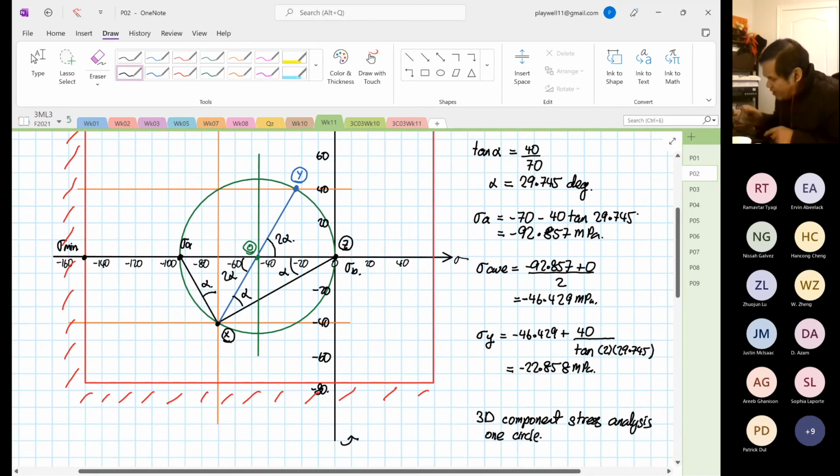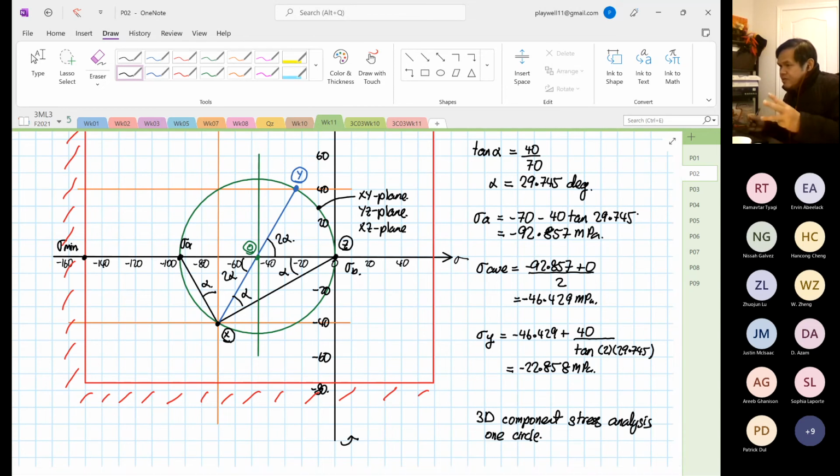It is correct. Why? Because this circle represents the XY plane, this circle happens to represent the YZ plane, and this circle happens to represent the XZ plane. They are all on the same circle. So it's possible to have a 3D Mohr circle represented just by one circle.